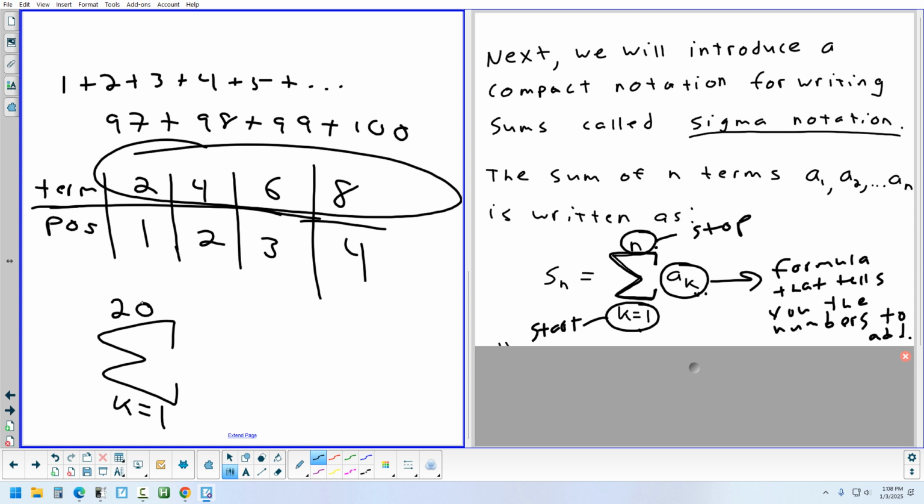Now, we need a formula here that tells us the numbers to add up. It's going to be like a sub k, but we've got to figure out what it is. Anybody see what the formula is to change the position into that? And this is what we did yesterday.